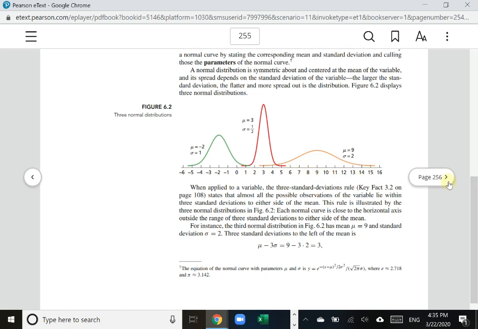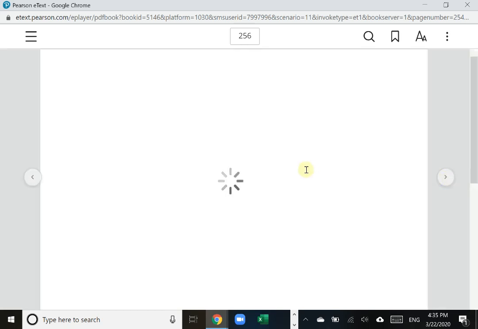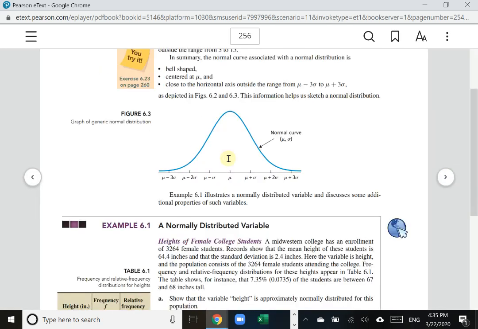Now, I mentioned mu and sigma are called the parameters of the distribution, and we use them to label the distribution. So here you're looking at the name of this normal curve. You can see the nice symmetry of this distribution.